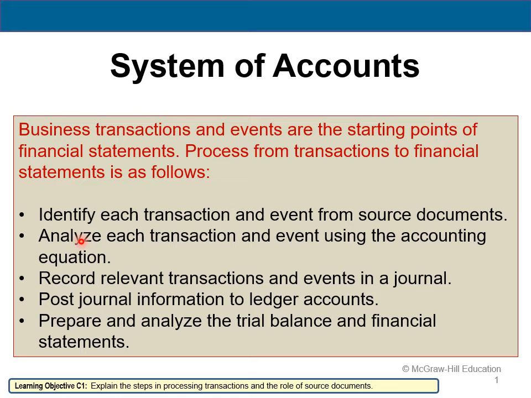We're really trying to figure out which accounts to debit and or credit based on an increase or decrease of a specified transaction, keeping in mind that the accounting equation must balance before and after each transaction.